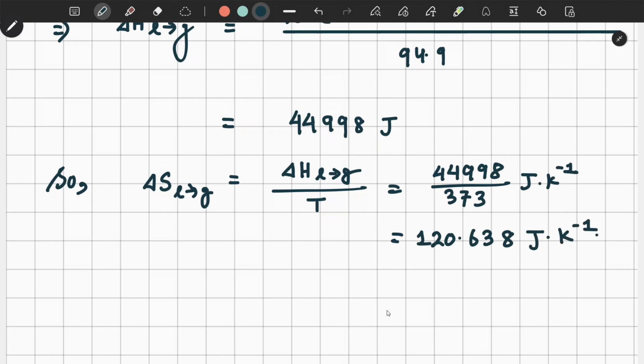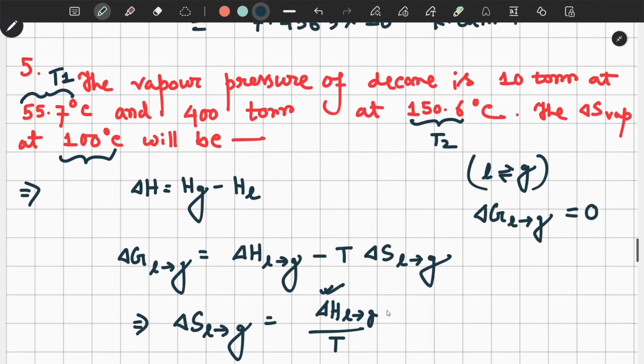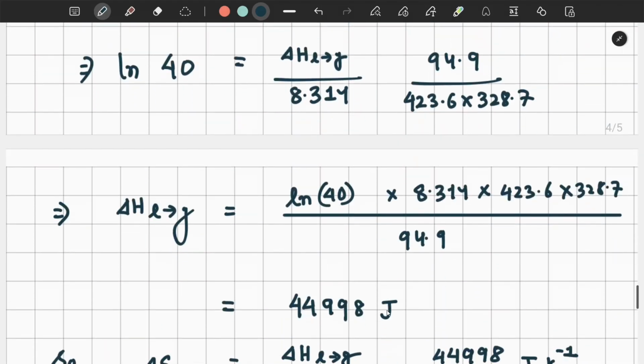So this is the answer. See here, the calculation part is trivial, but you just have to know these. Otherwise, you can't do it. Then it is trivial, but if you don't know it, then you can't do it anyway.